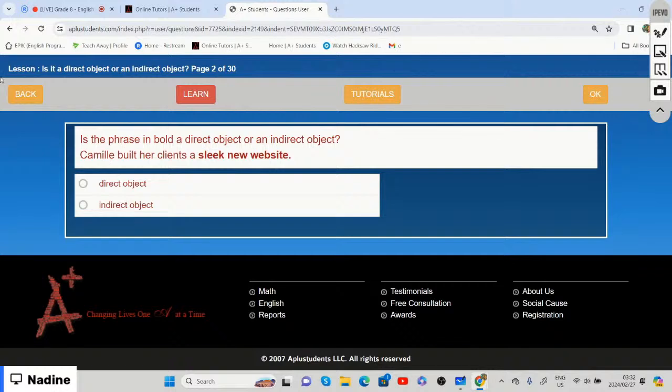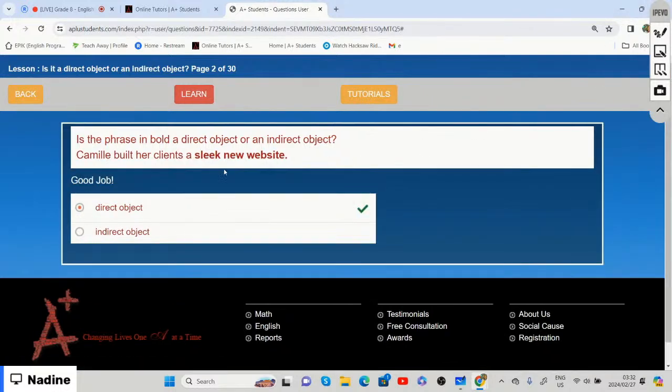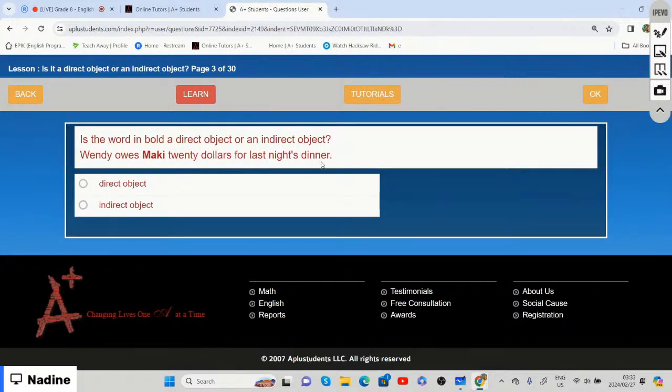So we said it is a sleek new website. And we specifically said this. Remember, when it's a direct object, you need to ask yourself what or whom it is acting on, right? And if you can answer that question, then it is a direct object.